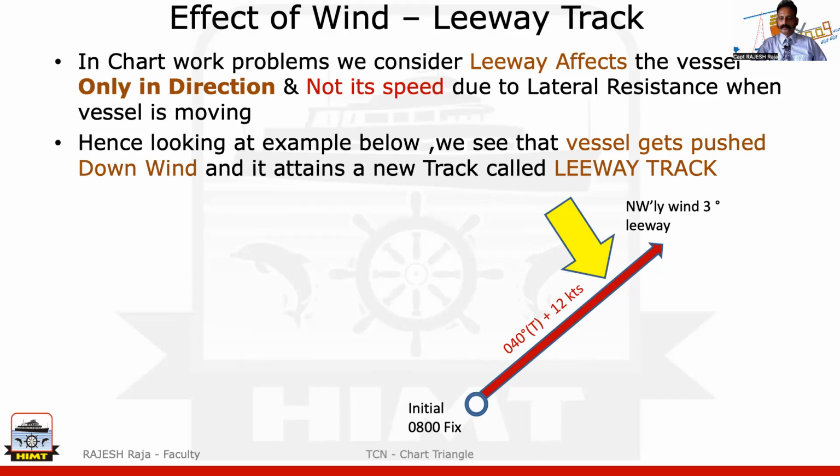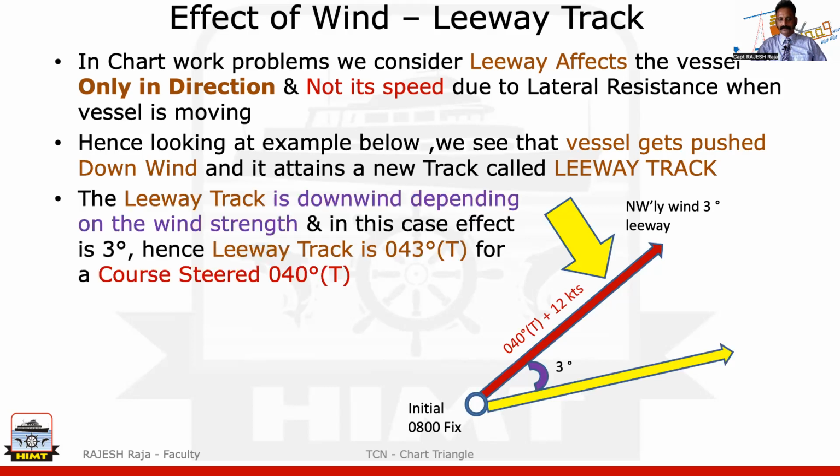The wind is going to push the vessel to the lee side and create a new track called the leeway track. So how do you differentiate between your CTS and the leeway track? It is a simple angle of the leeway, which is your 3 degrees. So it is very evident that my leeway track is going to be 043 degrees.